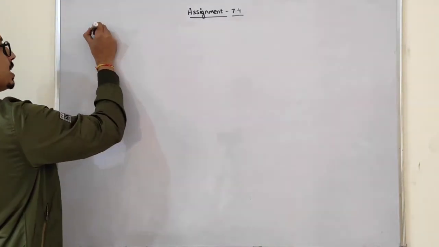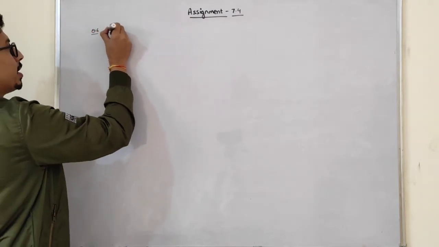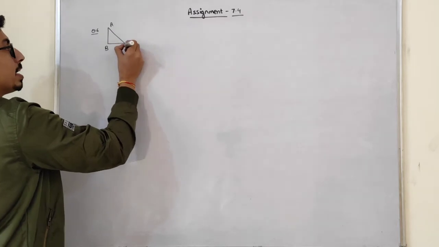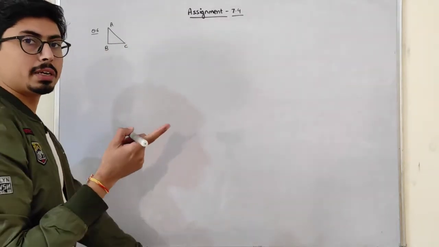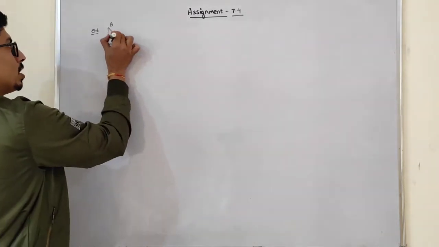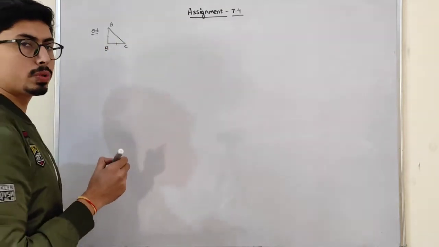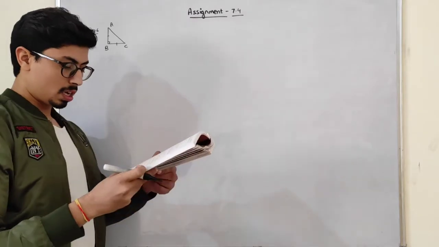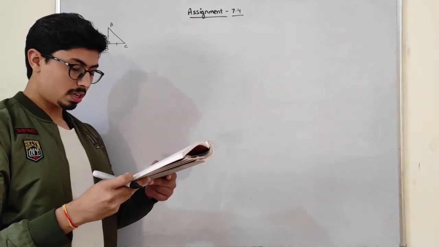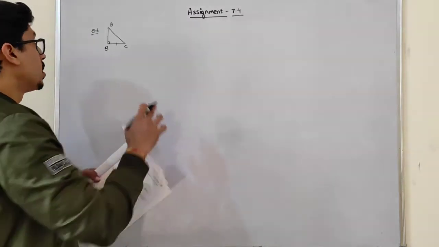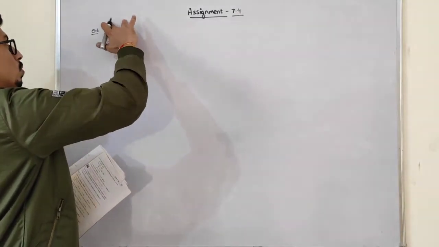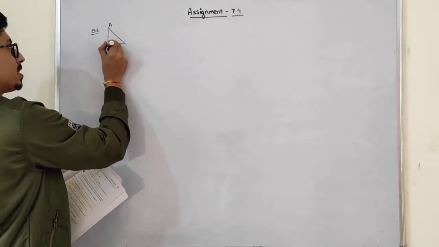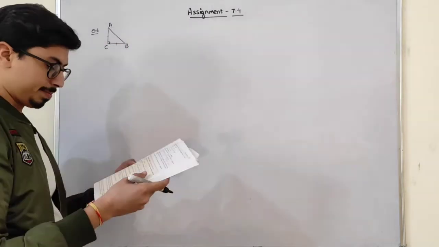So students, I can say that in question number 6, if I draw, this is a triangle ABC. It is isosceles right triangle. That means two sides will be equal. So these two sides will be equal, students, and this angle will be 90 degree. Okay. Now, it is right angle at C. So I can name this like this: right angle at C. Okay.